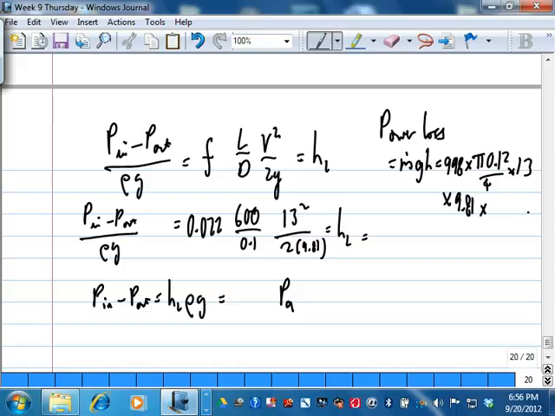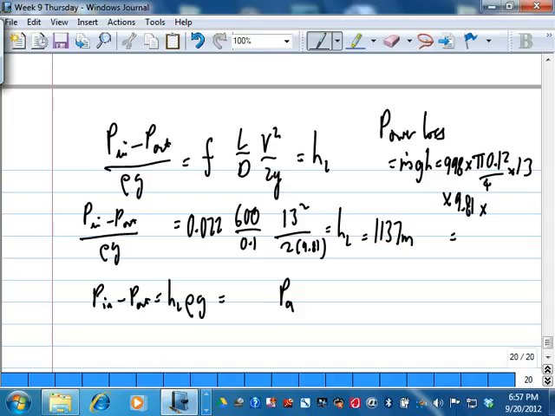I don't know yet. What's the head loss? How many meters? 1137 meters. Yeah?